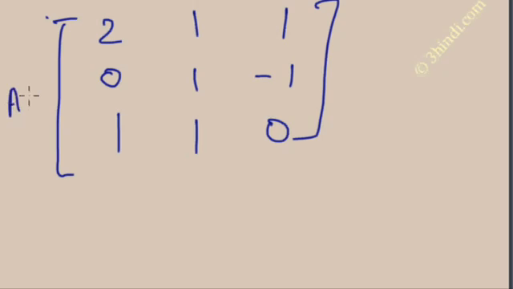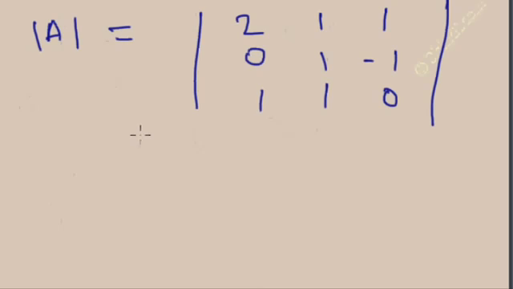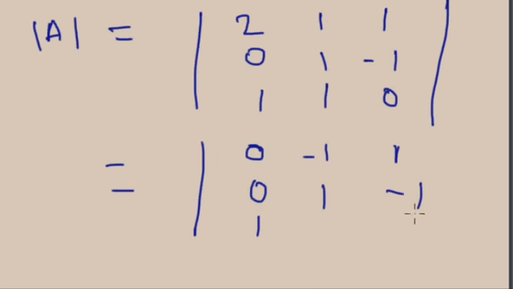This is the matrix A. Now you are required to find the determinant of A. Multiply this row with 2 and subtract it from row 1, which gives 2 minus 2 is 0, 0, 0, and then 1 minus 2 is minus 1, and 1, and minus 1 and 1, 0.